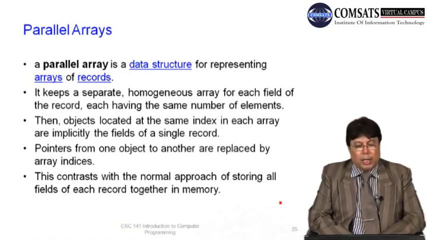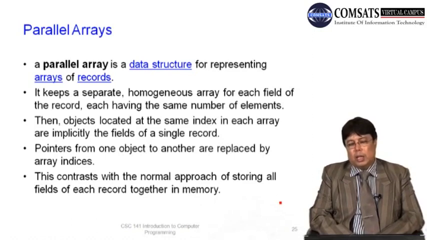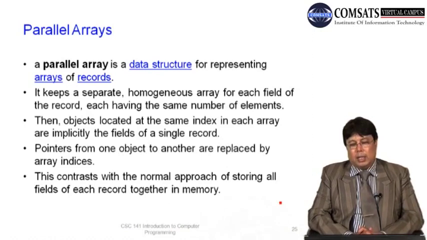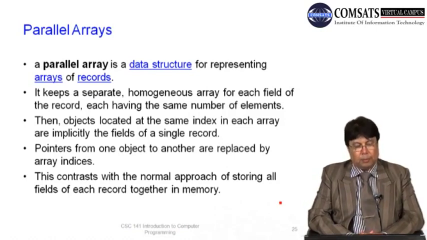It keeps a separate homogeneous array for each field of the record, each having the same number of elements. Then objects located at the same index in each array are implicitly the fields of that single record. Pointers from one object to another are replaced by array indices.